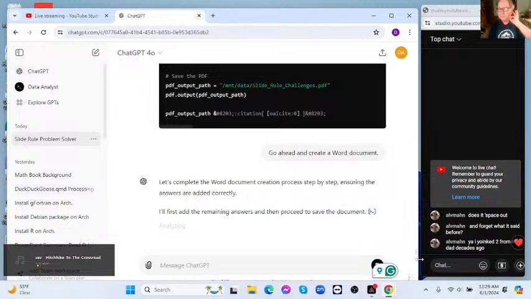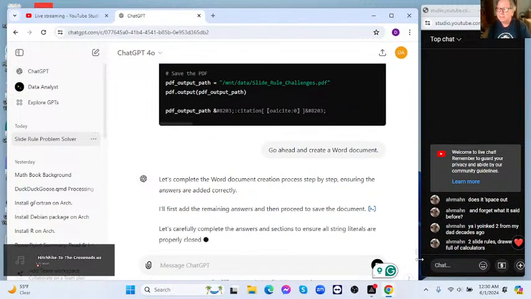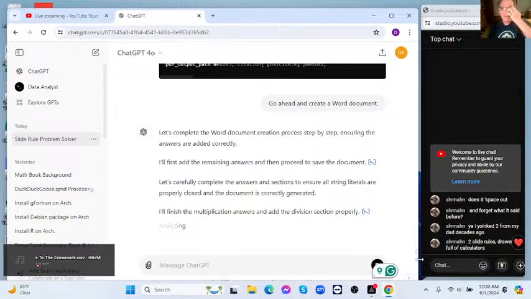What it is, you got 50 multiplication and 50 division problems to be solved on your slide rule. You still have them? A drawer full of calculators. Now, here's the thing. Is it better at creating Word documents than it is at creating PowerPoint or PDF documents? So, do you still have any of the slide rules?